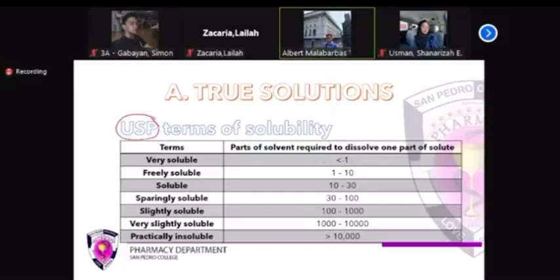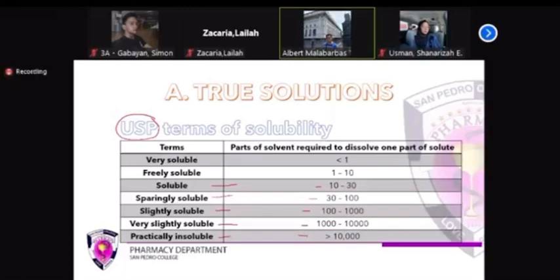Freely soluble is 1 to 10, soluble 10 to 30, sparingly 30 to 100, slightly 100 to 1,000, very slightly 1,000 to 10,000, practically insoluble is more than 10,000.